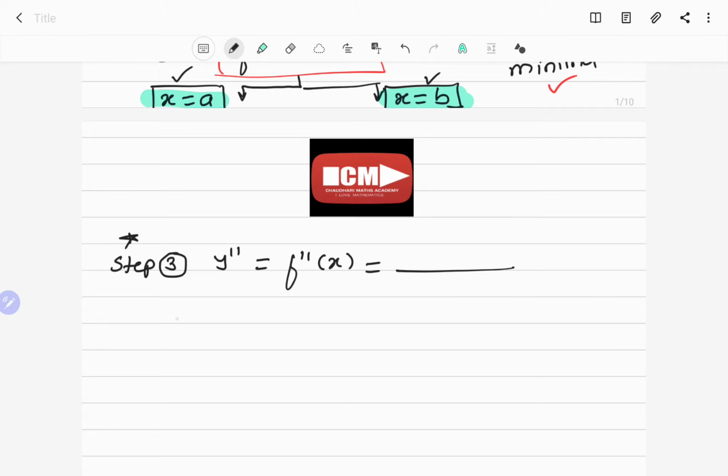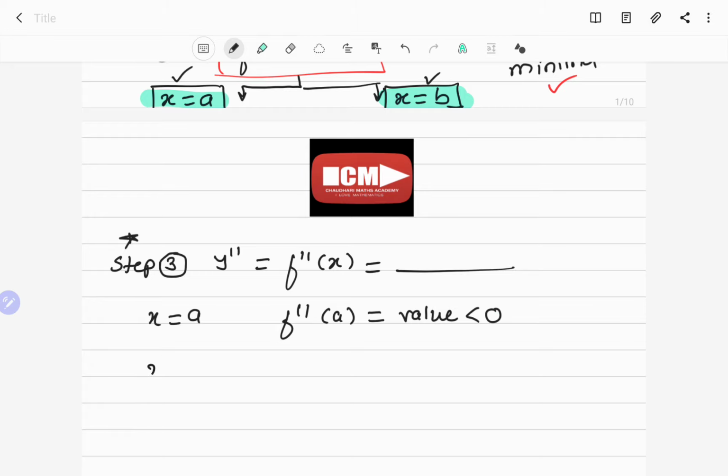As the second derivative decides where exactly maxima or minima occurs, your job is to substitute x equal to a in the double derivative and find the value. Let's say that value is less than 0. I'm assuming you will get either a positive or a negative value, so let's say the value you got is negative.